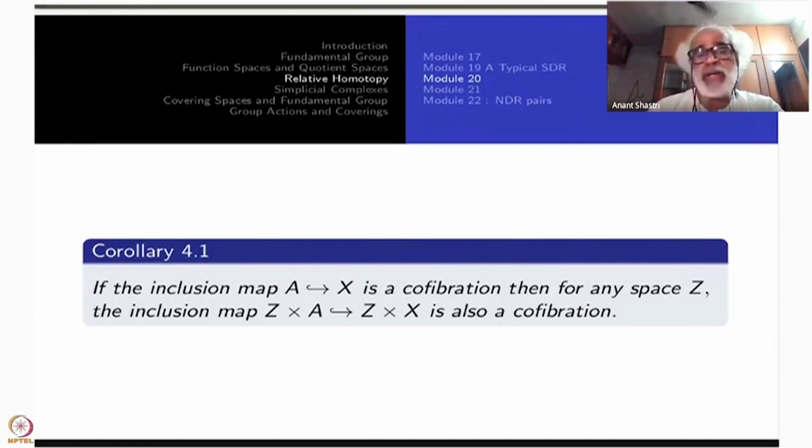So why is it a cofibration? I have to just verify that Z cross X cross 0 union Z cross A cross I is a retract of Z cross X cross I, from the hypothesis that for X cross I the corresponding things are true. So everywhere you just take the product with Z. This is very straightforward.